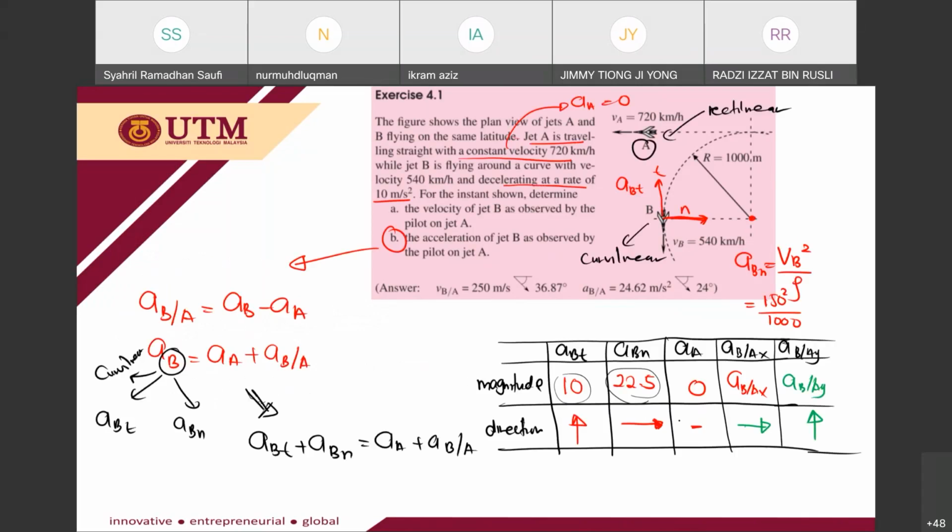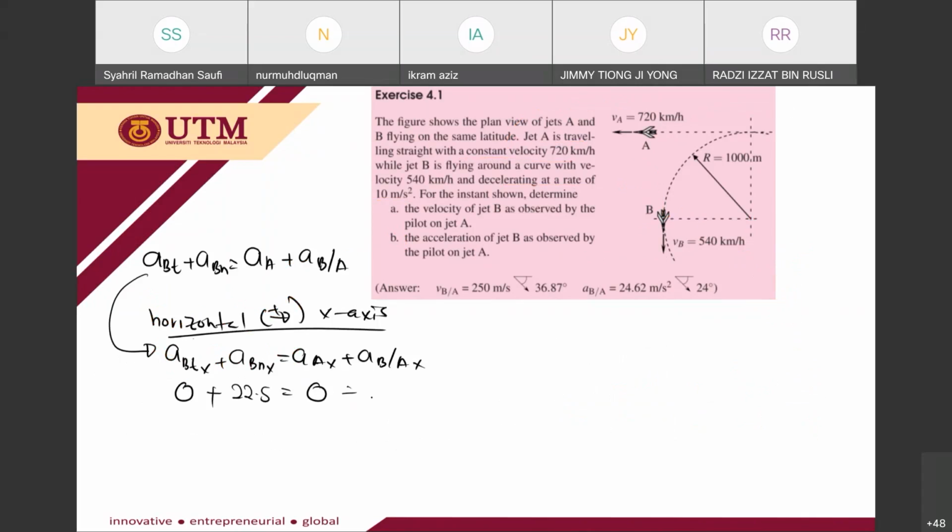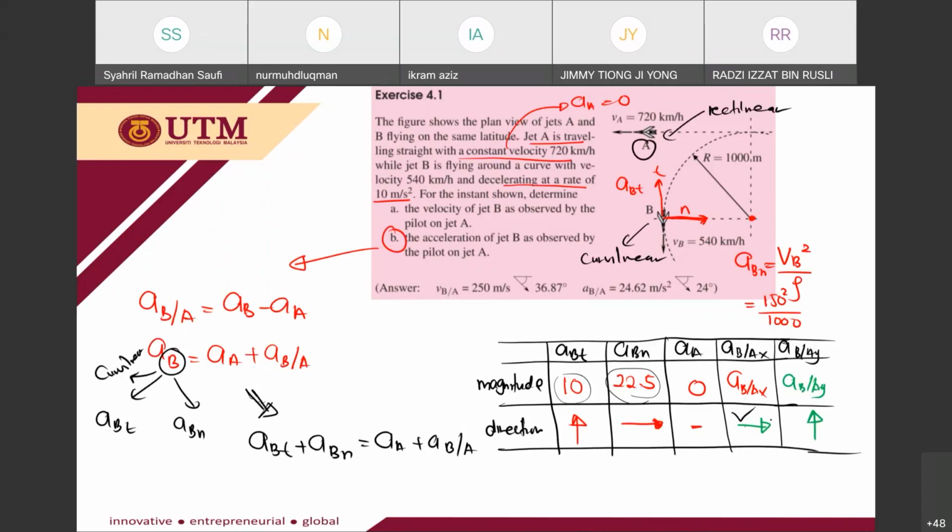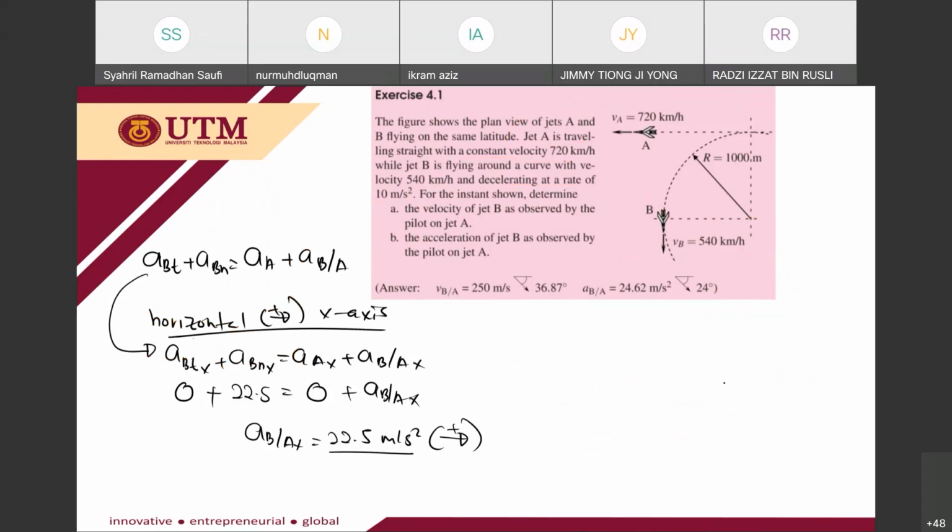Acceleration of A x is 0 plus acceleration of B relative to A x. So acceleration of B relative to A x is equal to 22.5 meters per second squared. I obtain a positive magnitude here, meaning my assumption is correct. And then I do the vertical component the same way, with upward as the positive y axis.